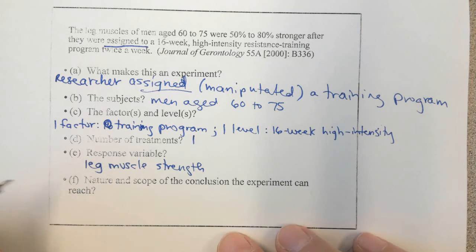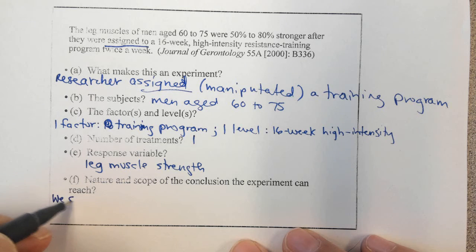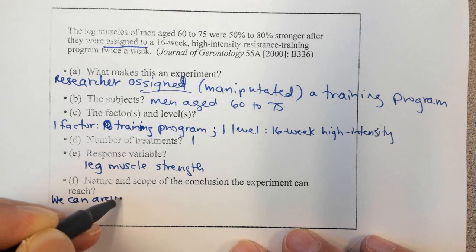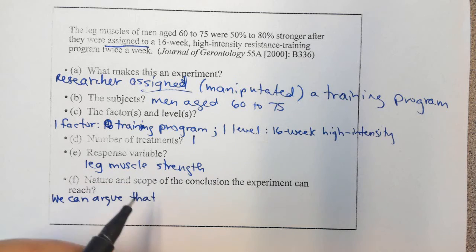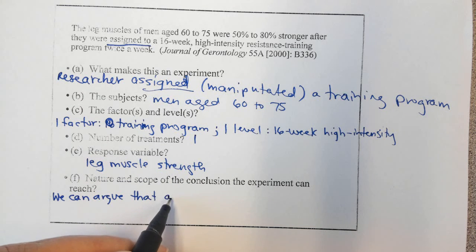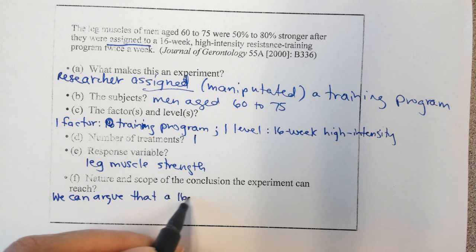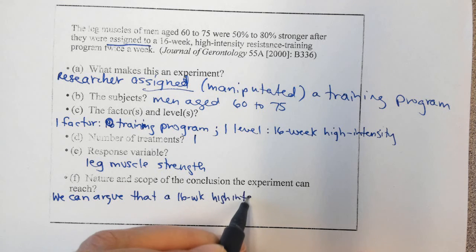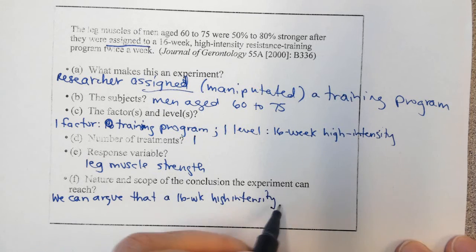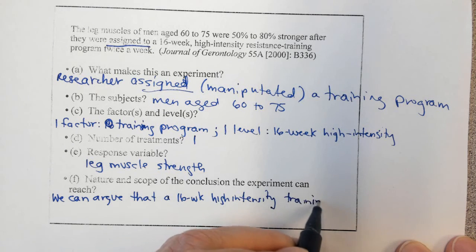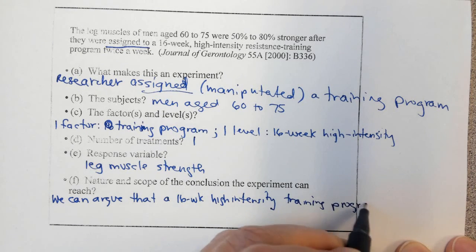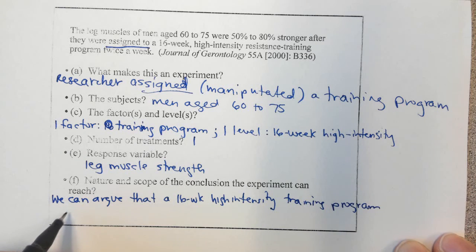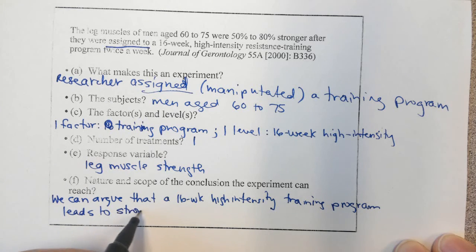We can argue that a 16-week high-intensity training program leads to, which is a causal relationship, stronger leg muscles.